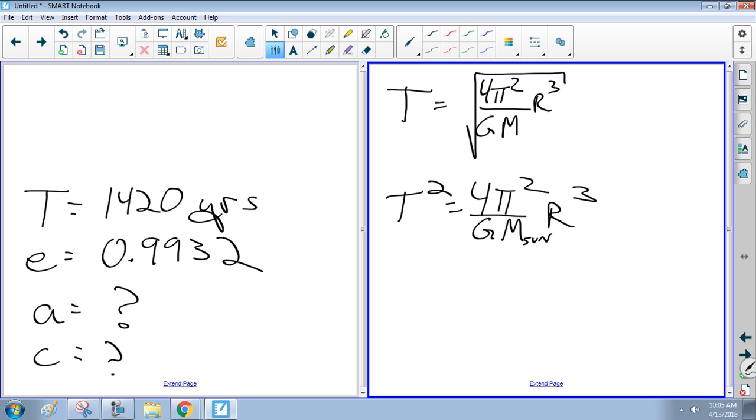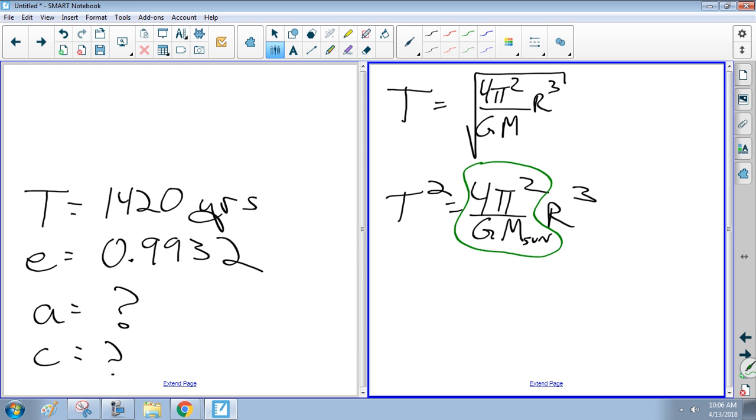So there are two ways you can go about this. Option one is you could just look up the mass of the sun and solve it, but on the AP test, that's not an option. You're not going to be able to pull out your phone. So, do you guys agree that this is a constant, though?